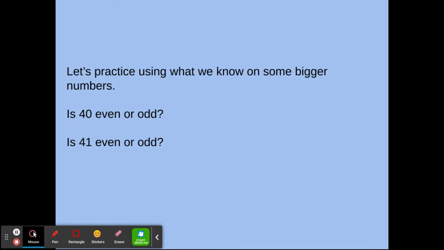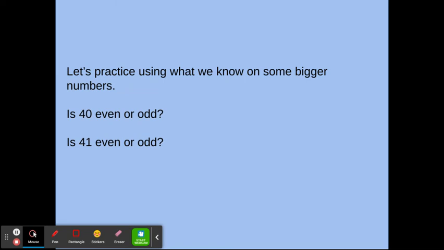So let's practice using what we know on bigger numbers. Is 40 an even or an odd number? Talk to your learning partner. So what do you think? Okay, 40 is an even number because it ends in 0. 40 is even because you can count by twos to 40.